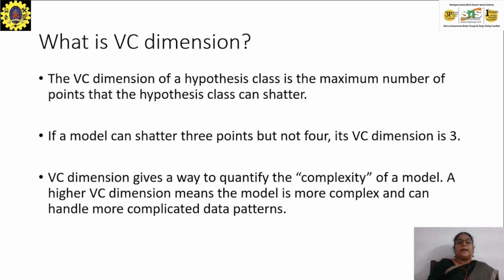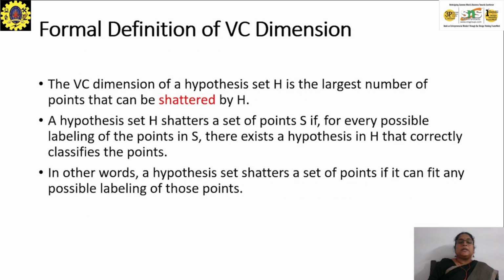If a model can shatter 5 points, then your VC dimension value will be 5. So it always quantifies the complexity of a model. A higher VC dimension means the model is more complex, and a lower VC dimension means it will be easier to shatter.